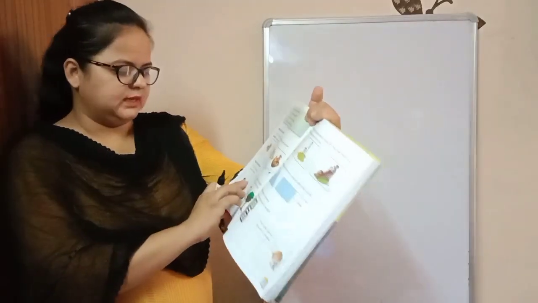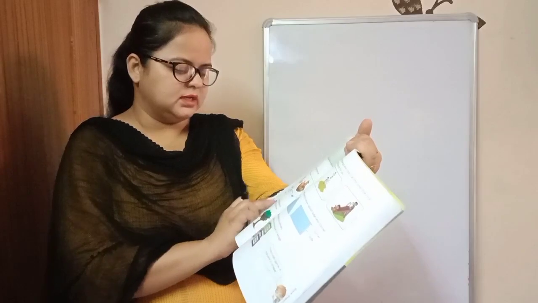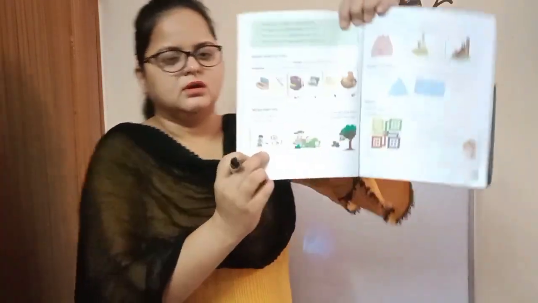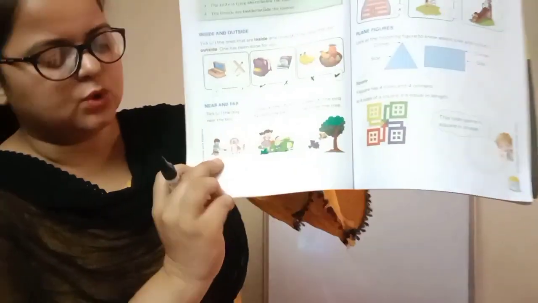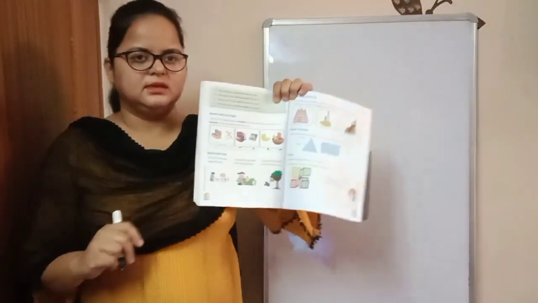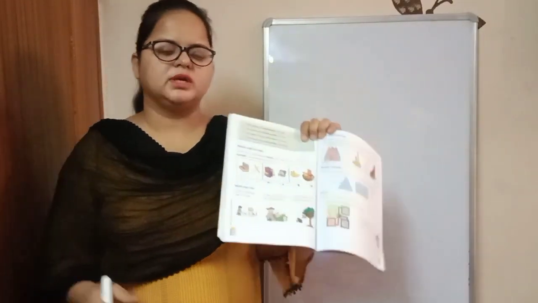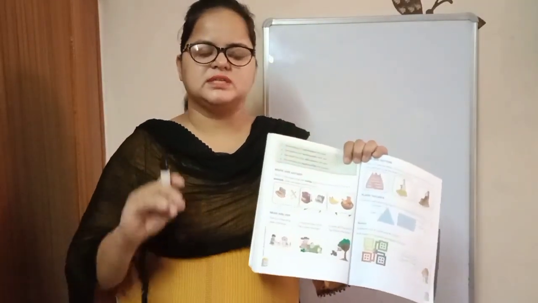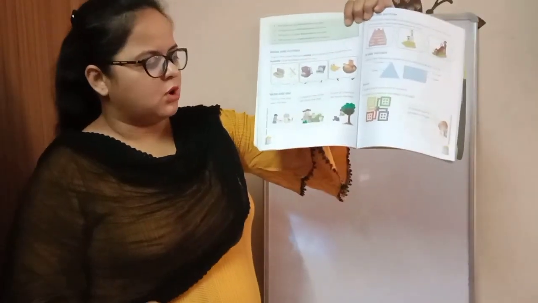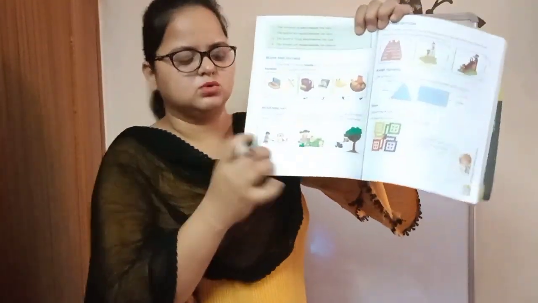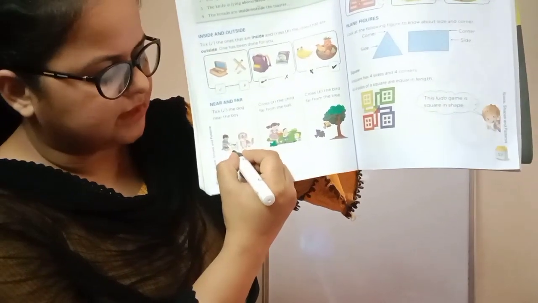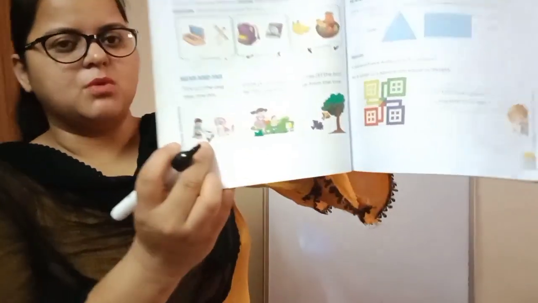So here what we have to do, tick the dog near the boy. Here in this picture you can see two dogs. But we have to tick only that dog which is near the boy. जो dog boy के पास है हमें उसे tick करना है. So we will tick here on this small dog.